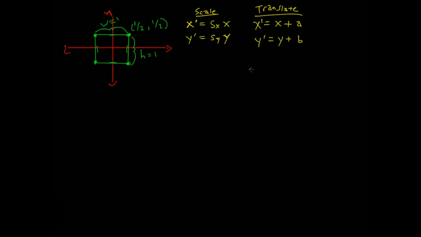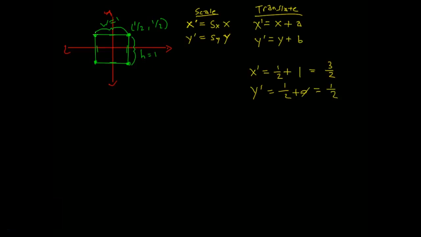Okay, so x dash now is equal to x, which was half, plus 1, because a is equal to 1, and that's going to be 3 halves. So x prime of the point B will be 3 halves, and for y prime for the point B, it's half plus 0, so it becomes half, so no change. So that's the new x prime and y prime for the point B.